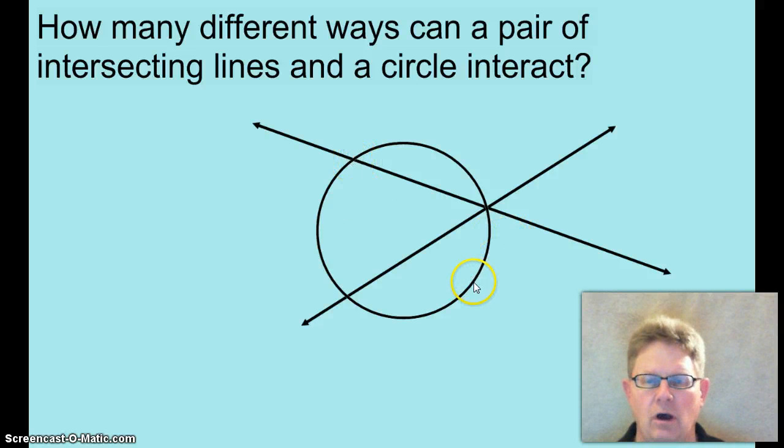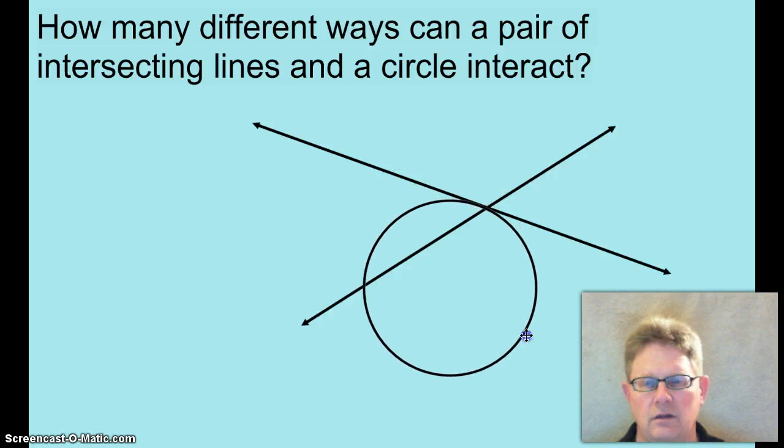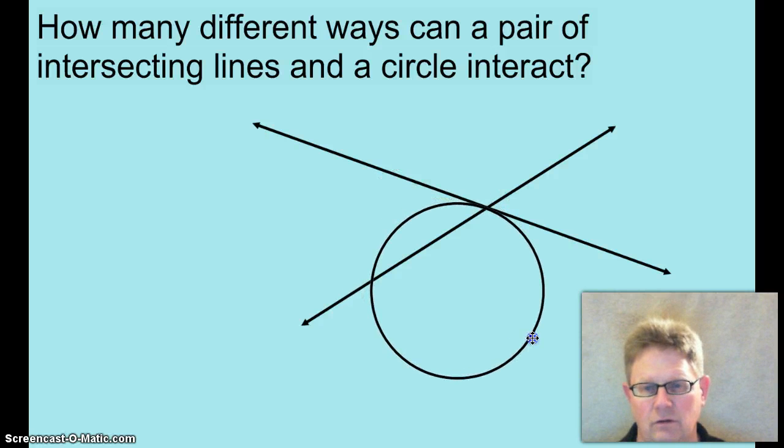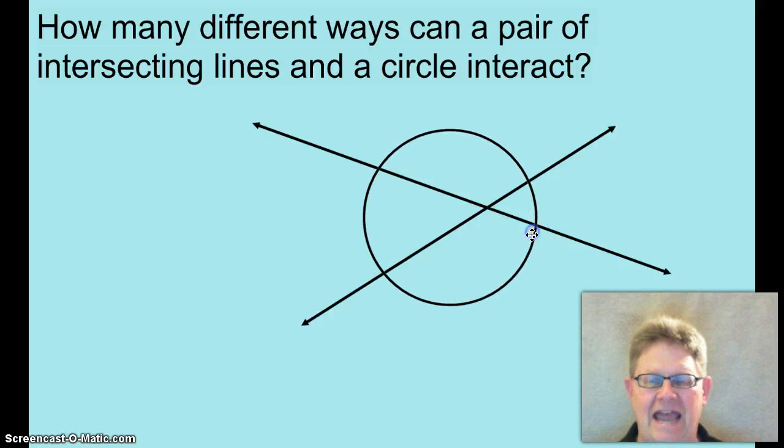But it could also be that it's tangent to the circle, and you could find the measure of this angle or the measure of this angle. It could be that they're inside the circle but not at the center.